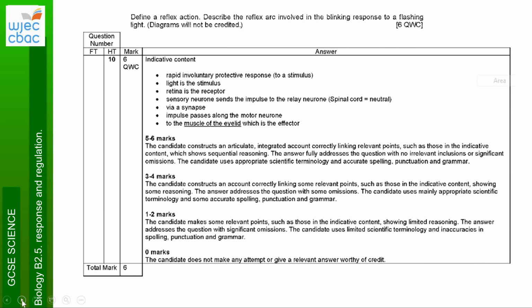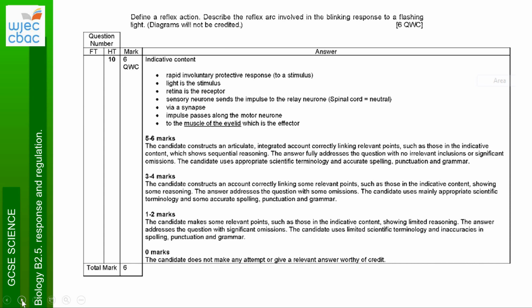So they would be detecting the stimulus. The next step in the reflex arc, remember you need to have these in the correct order. So it's stimulus, receptor, then the sensory neuron sends an impulse to the relay neuron, which is within the spinal cord. There is also then a bullet point for mentioning that it goes via a synapse.